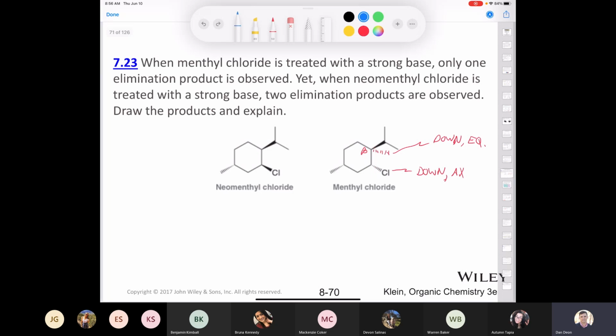Whereas the one that I'm labeling in blue, if this proton is going up, it's up and axial, because down axial, up axial, down axial, up axial. That means I can get an elimination occurring here, and I can make a double bond right there. So the only product that I'm going to get would be this, where I have my 6-membered ring. I formed a new double bond right here. I didn't touch this stereocenter at all, and I didn't touch this stereocenter.